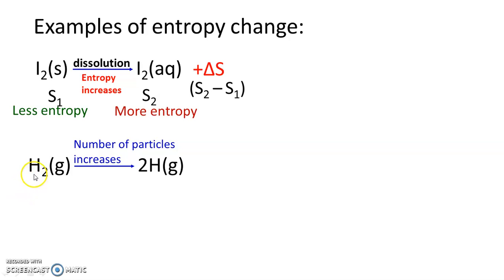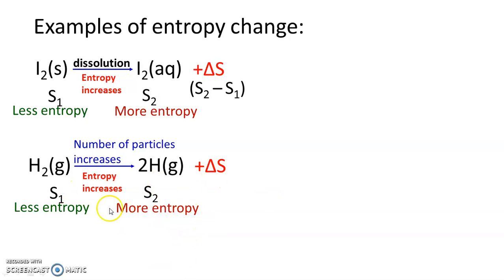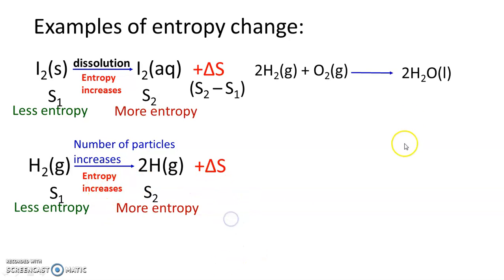In this way, when hydrogen molecules are converted into hydrogen atoms, the number of particles increases and therefore entropy also increases. Say S1 is the entropy of the H2 molecule, and S2 is the entropy of hydrogen atoms. Then atomic hydrogen has more entropy as the number of particles is more, and therefore for this change the entropy increases, delta S is positive.